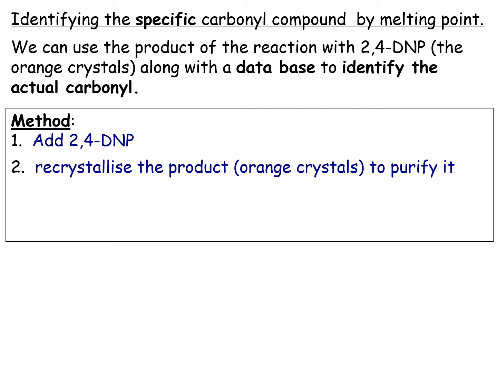You will then dissolve it in a minimum amount of hot solvent, and then you will let it cool down, and when it does so, it forms those crystals again. Only this time those crystals should be pure. Now, recrystallization you will do later in the lab. For now, it's the second step of your model answer. So recrystallize the product to purify it.